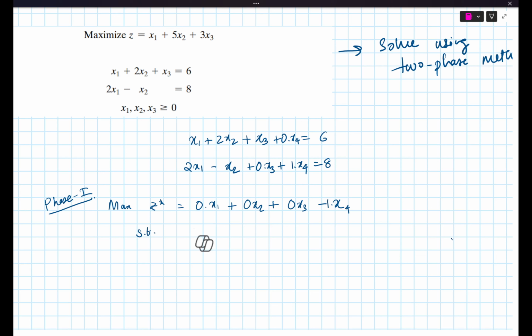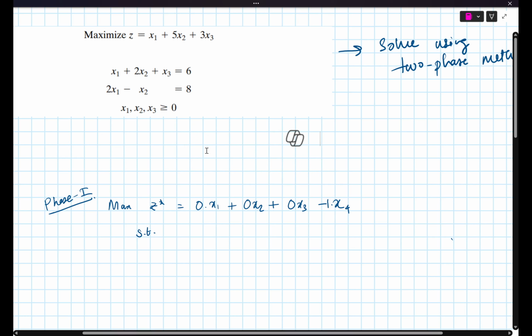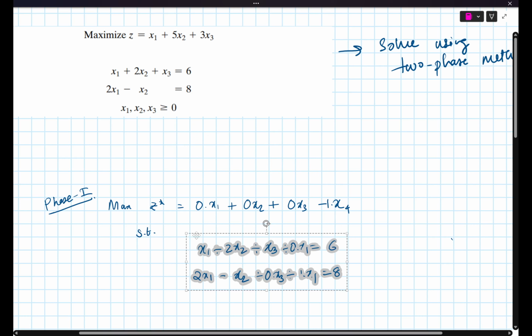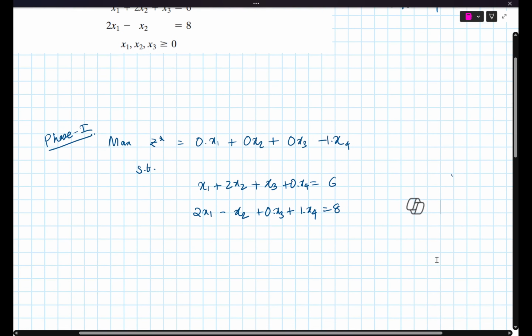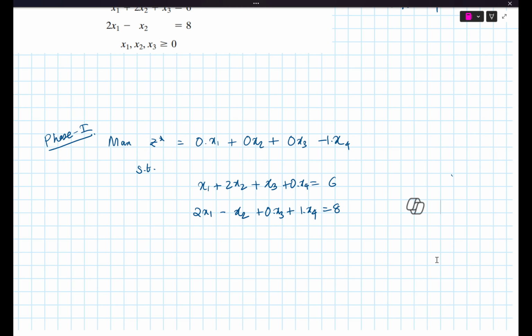I'll just copy this. So basically I need to do my simplex for this problem. This is our phase 1, and I also have the positivity constraints.